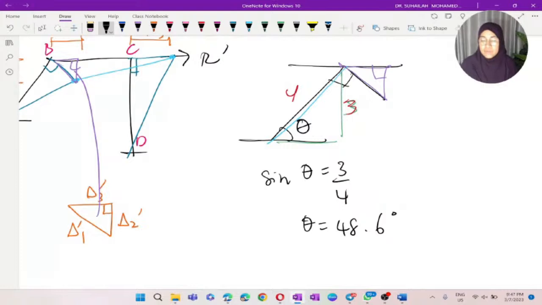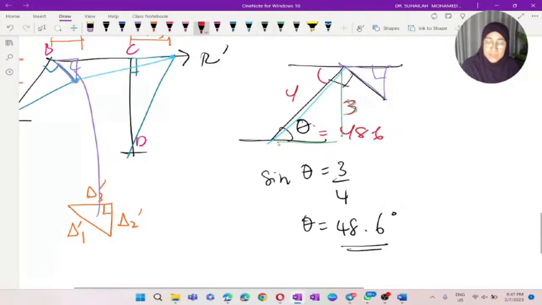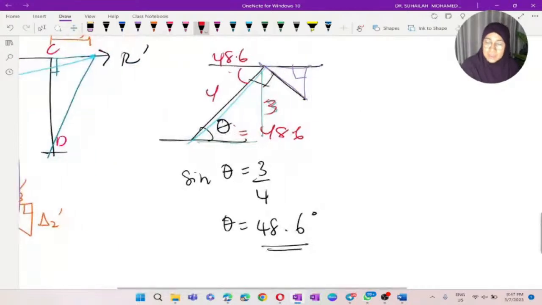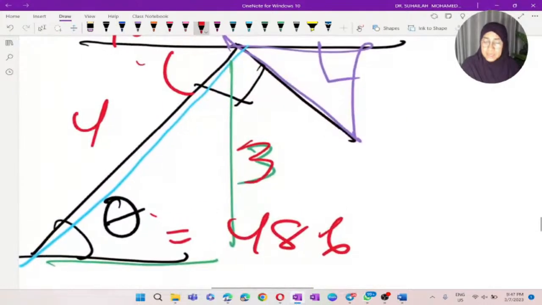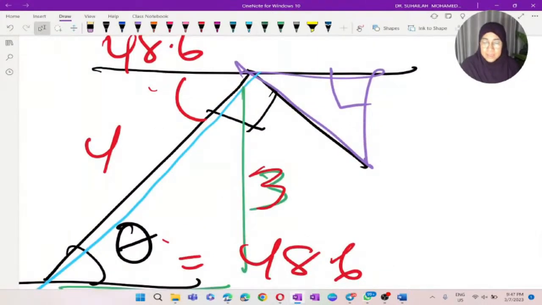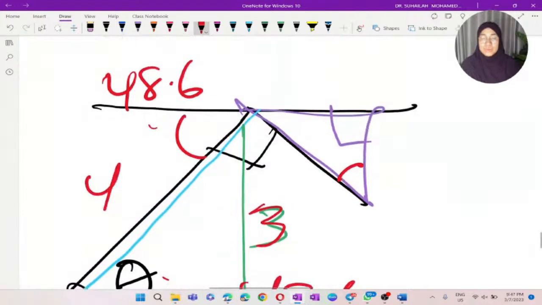Degree. 48.6 degree means that the theta is 48.6, means that this one is also 48.6, and this 48.6 in the purple triangular will be equal, this one will be equal to 48.6.